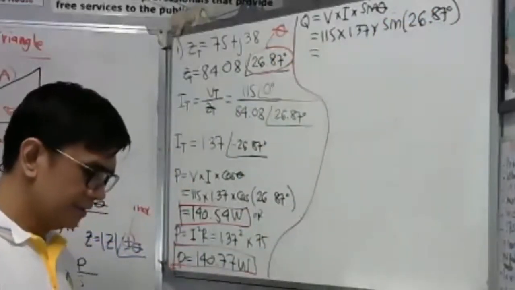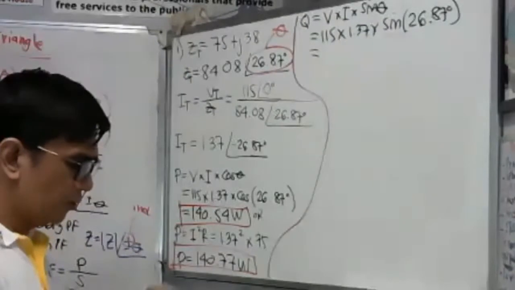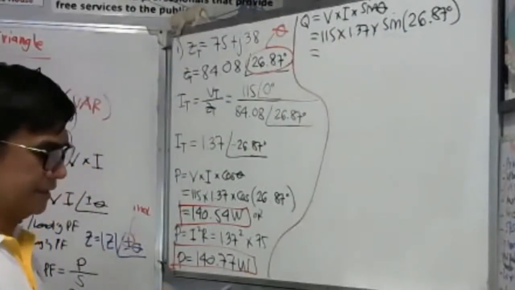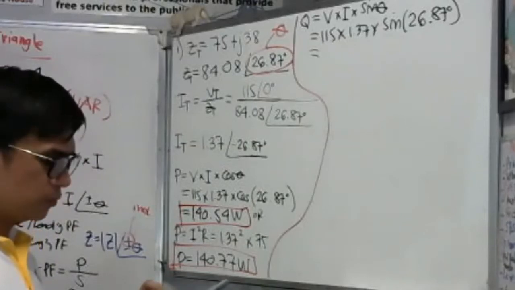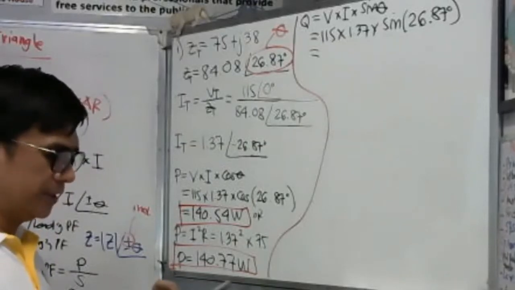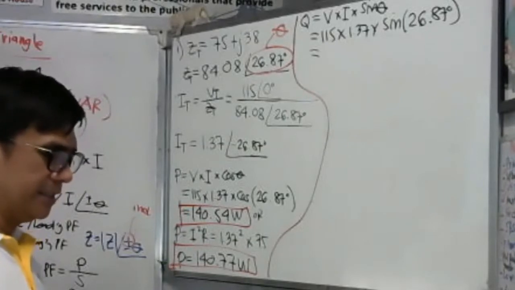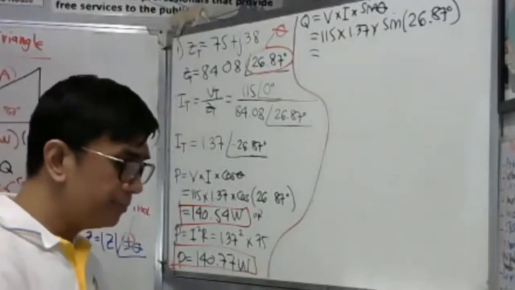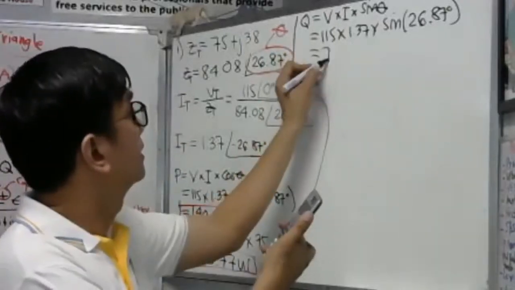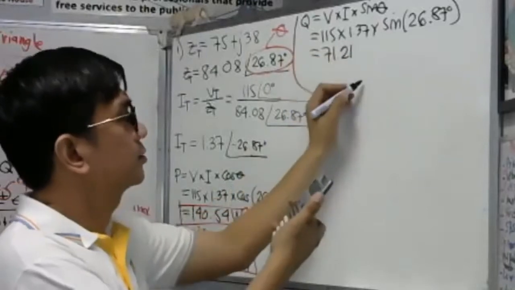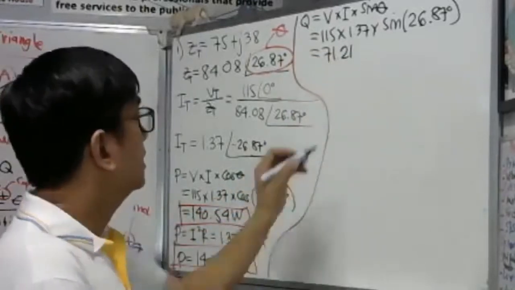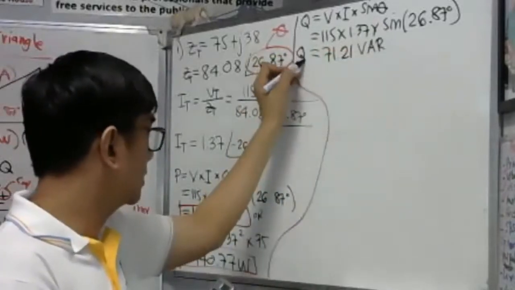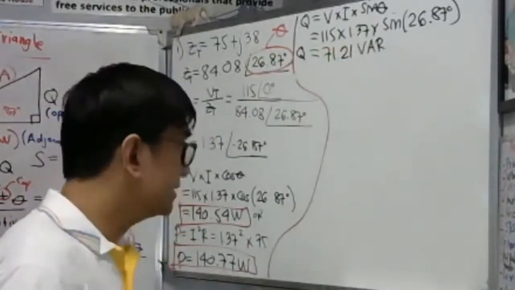Okay, let's continue this one. 115 times 1.37 times sine function of 26.87 close parentheses. That is equal to 71.21 bar, volt ampere reactive. That is our Q.